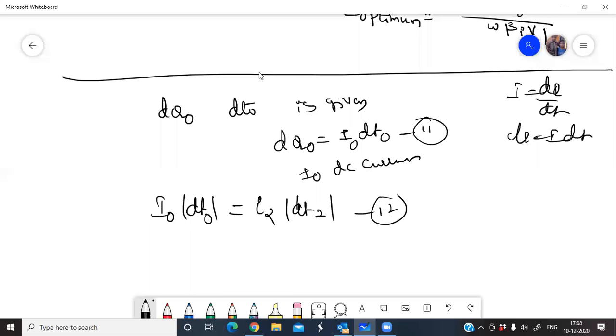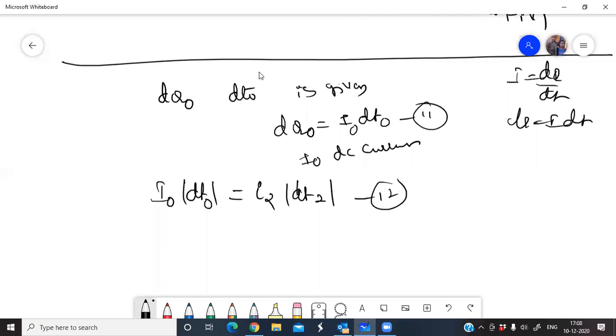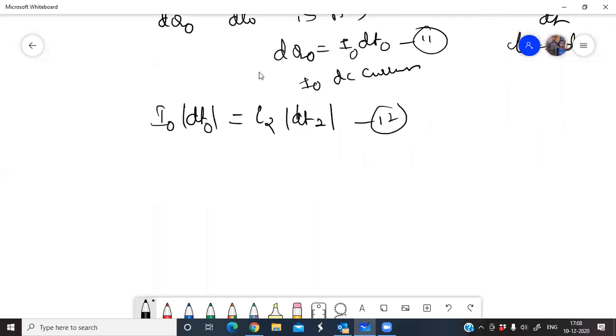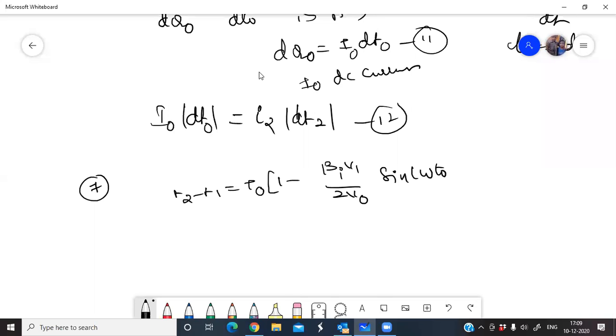Now, from equation number 7, what is equation number 7? Look at once. Equation number 7 is T2 minus T1 equal to T naught into 1 minus beta I V1 by 2V naught sin omega T naught plus theta g by 2.